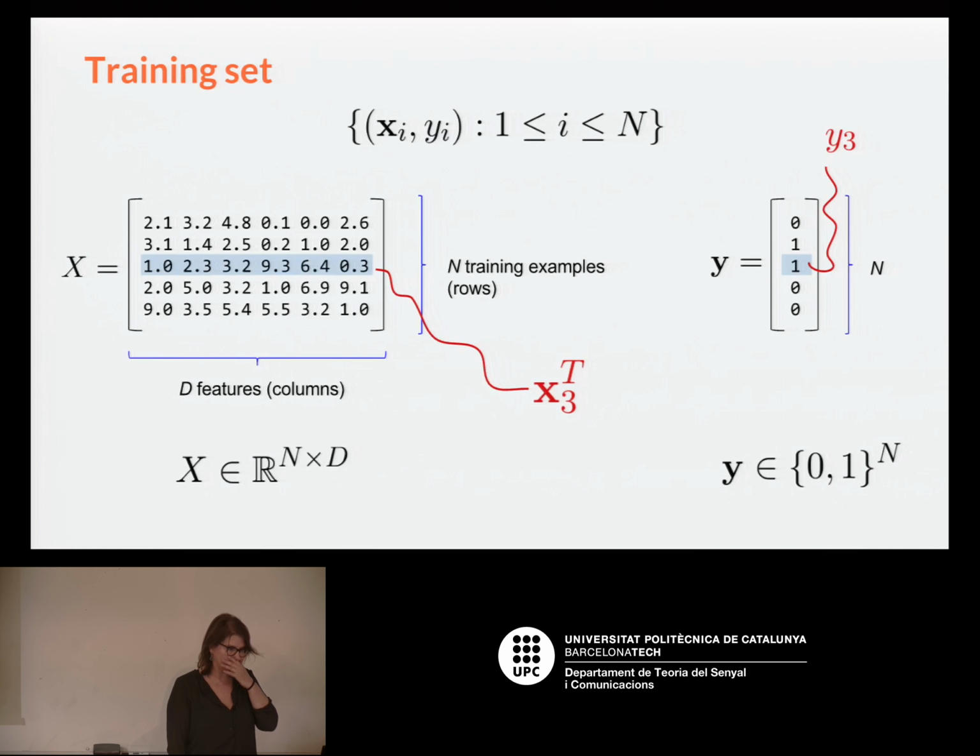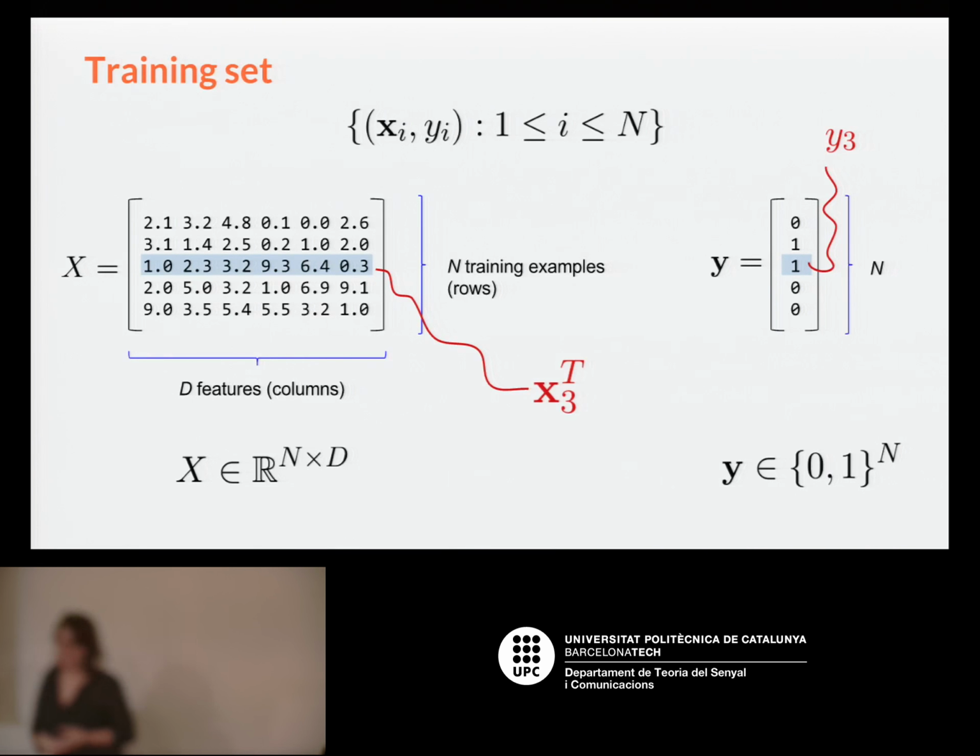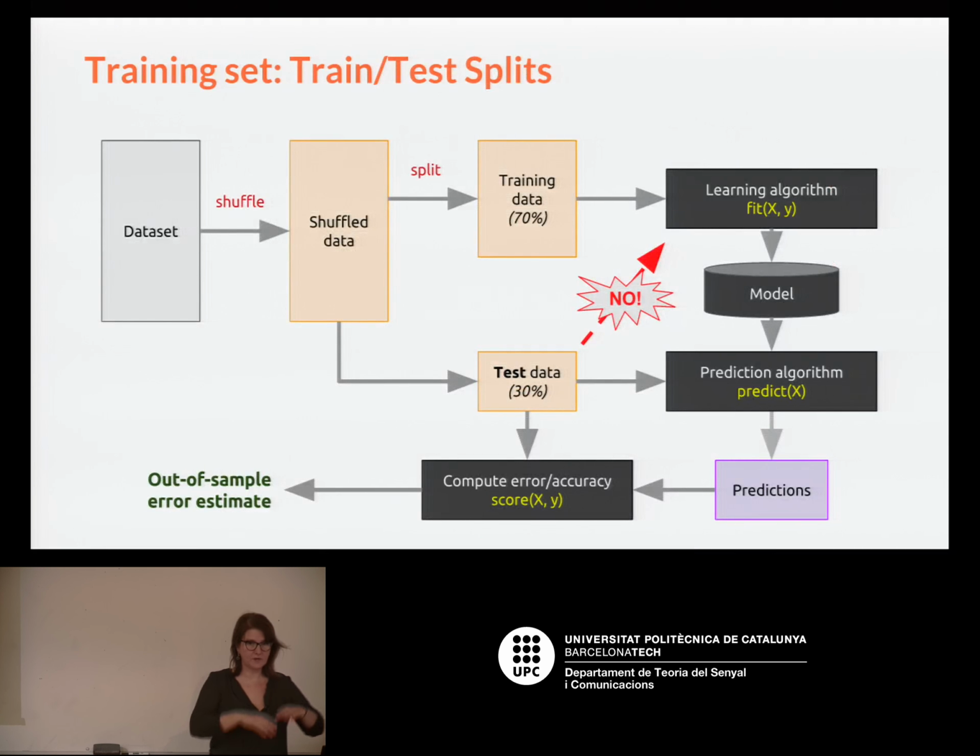Sometimes in supervised learning, we will have examples, and the examples are the X, and the ground truth is the Y in classification. When we have a large amount of data, we have to split our training data into two sets.